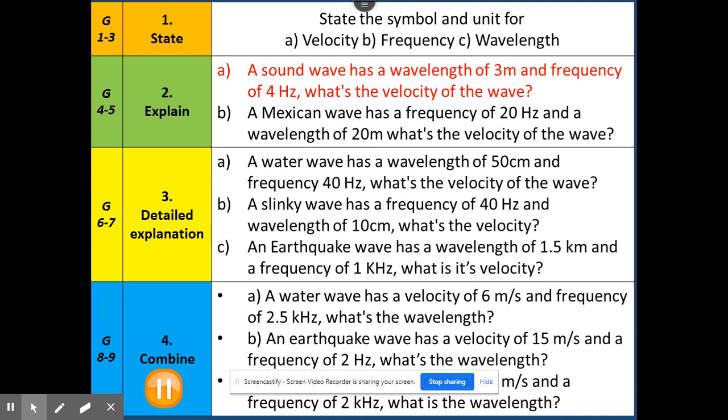For use, you need to convert units and then calculate velocity. And for combine, you need to change around the equation and convert units to find out the wavelength or the frequency. Okay, so just pause the video and have a go at that.